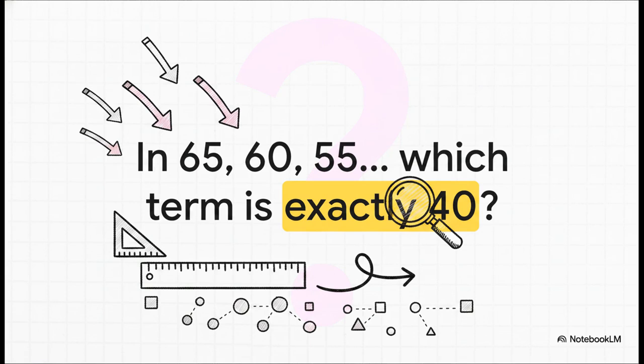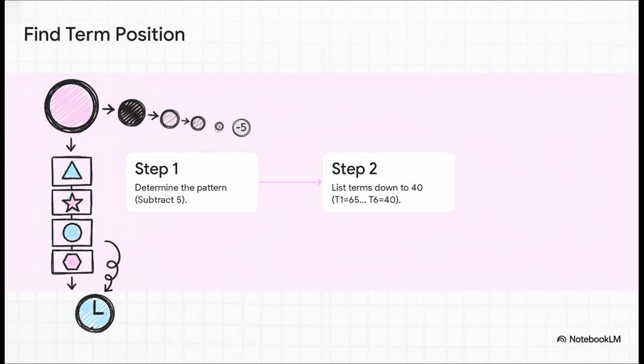Now, what if we flip it? Let's try a reverse problem. This time I'm giving you the sequence: 65, 60, 55, 50, and so on. Your challenge is to figure out the position n. Which term in this sequence is going to be exactly 40? We're going to use the exact same strategy. Step 1, determine the pattern. Going from 65 to 60 means we're clearly subtracting 5.